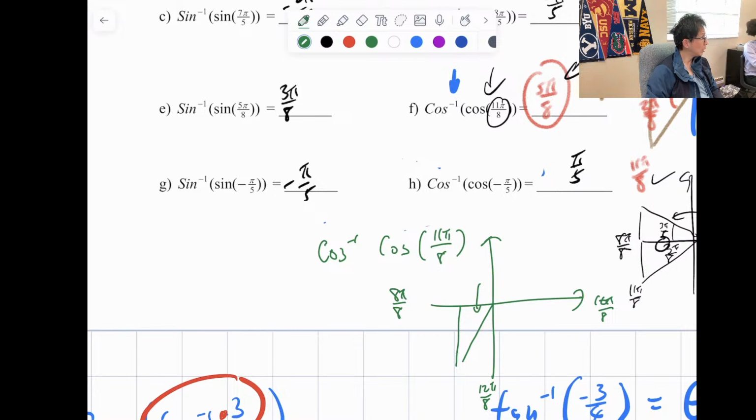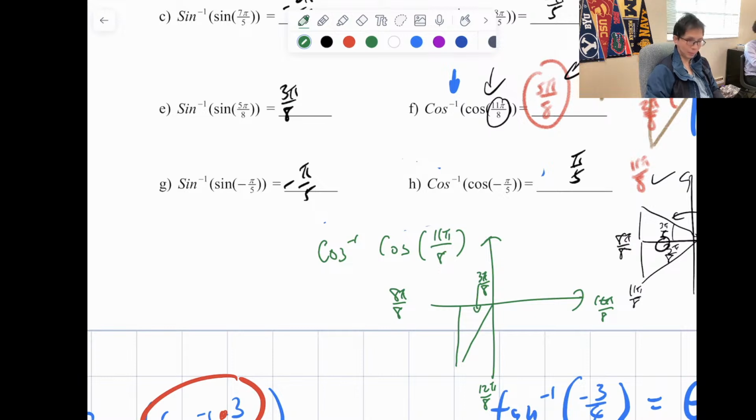No, that's not in terms of pi over 6. No. Reference angle is what? No, it's always positive. Reference angle is always positive. 3 pi over 8. So this is 3 pi over 8.